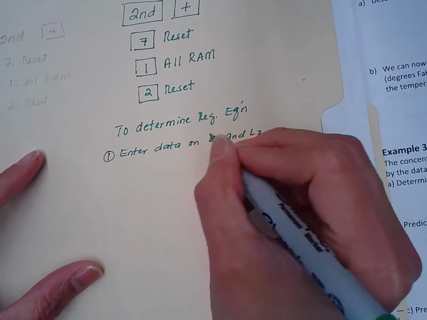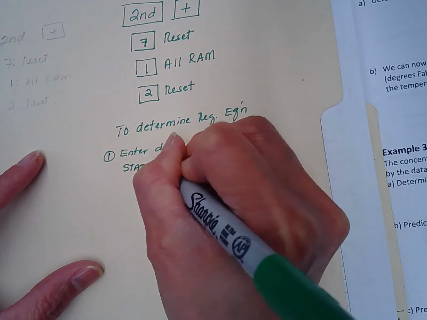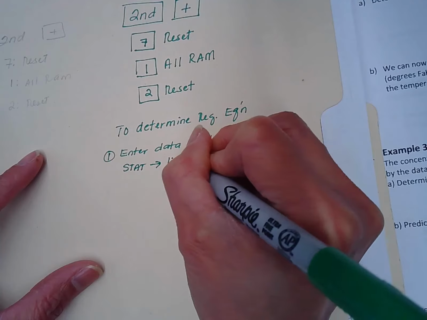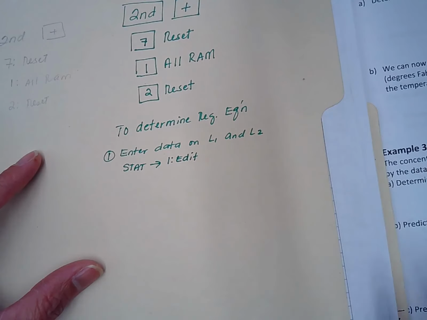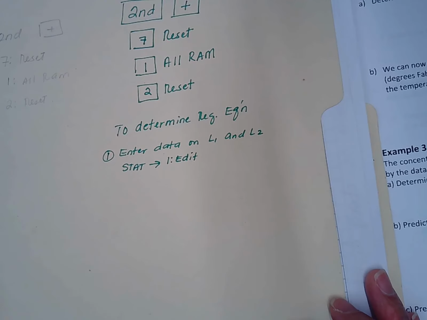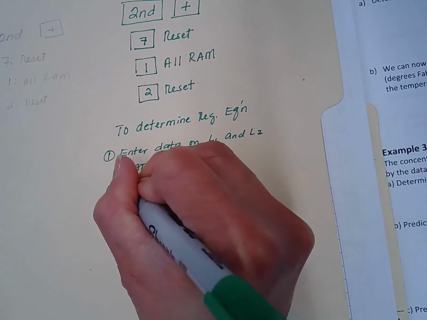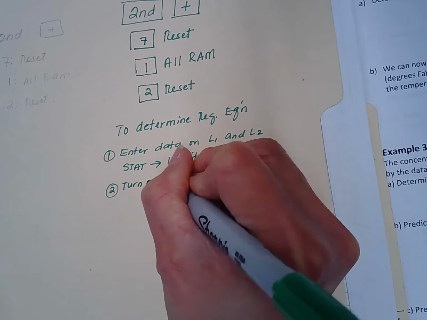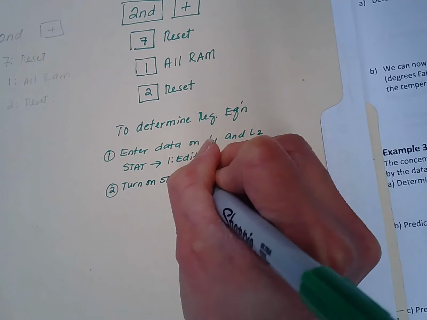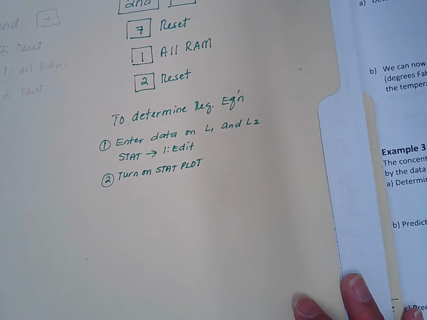You need to go to Stat, 1, Edit. Yes? We know how to do that. Number 2, turn on stat plot. How do we do that? How do we turn on stat plot?